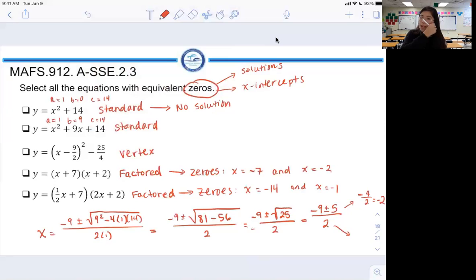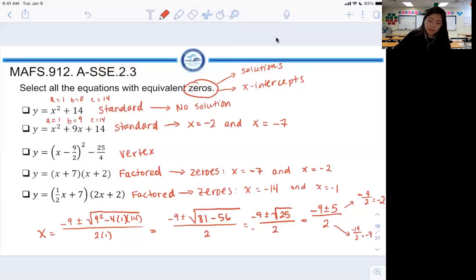And then when you subtract 5, negative 9 minus 5 is negative 14. Negative 14 divided by 2 is negative 7. So we got x equals negative 2 and x equals negative 7.